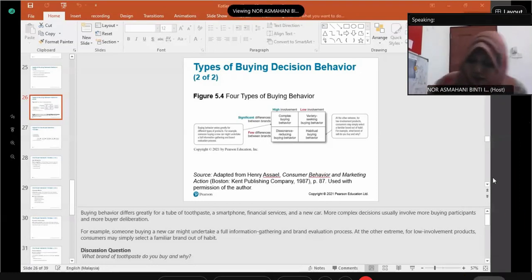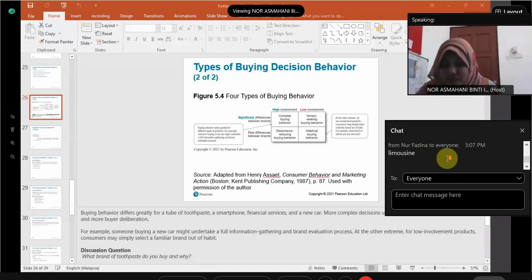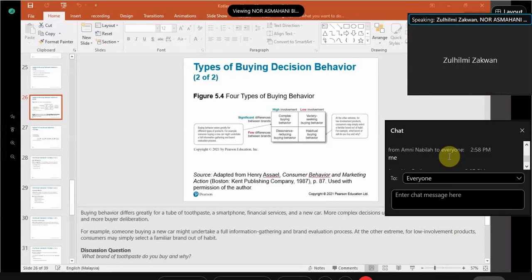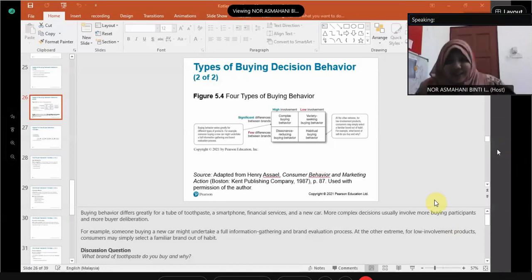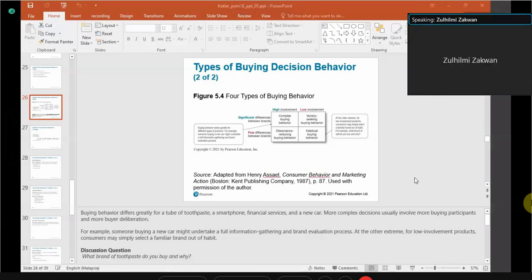Alia jawab sekali, Alia. Alia mana tu? Doktor. Alia banyak ke? Alia Wan. Alia Atira. Who's speaking right now? Just now. Saya lagi. Zakwan.